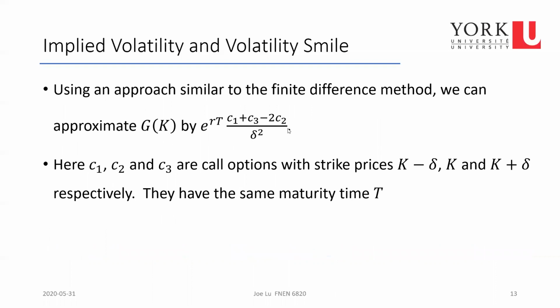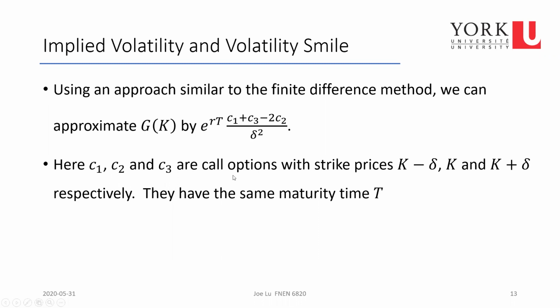Now we can use some techniques here. It's like the central difference that we have seen in the lecture on the numerical procedures. So we can actually generate this distribution. What we need is three calls.